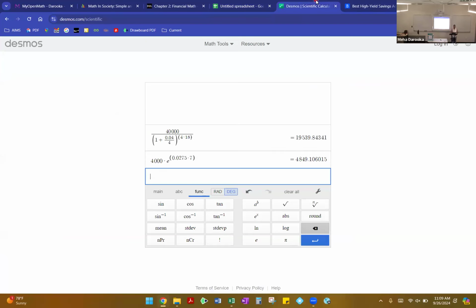Okay, so in Desmos, you put the parentheses around the 1 plus R over N. And then when you do the exponent, we need to tell Desmos that they are one quantity, so the parentheses is also around the exponent. Were you not able to come up with these numbers? No, I didn't get that. That's why I was confused. Okay, so try it now with the parentheses around the 1 plus R over N. And then in the exponent, also make sure you have parentheses around the N times T.